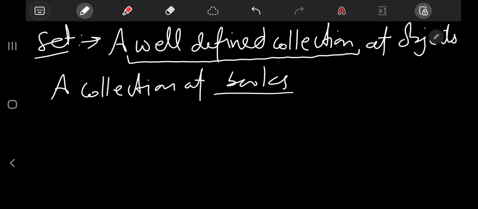How? If we take the example of a collection of books, here we include in this collection all books. Here we are clear about the object. We can include here any book, but not a pen, not anything other.